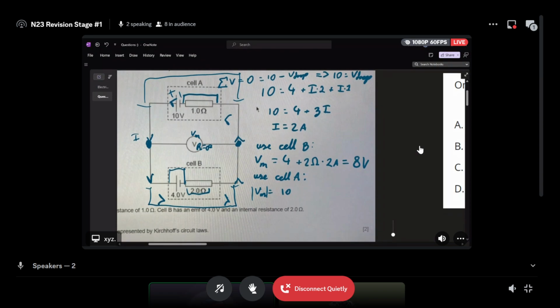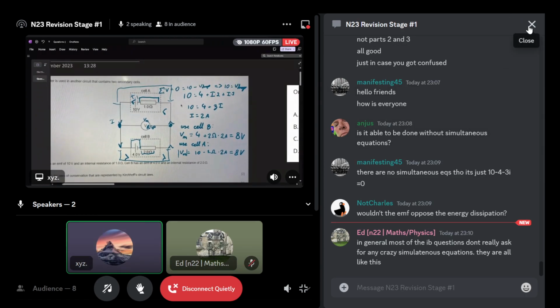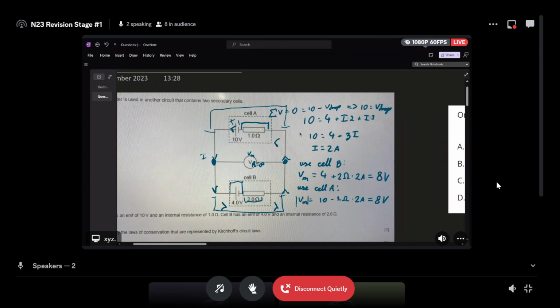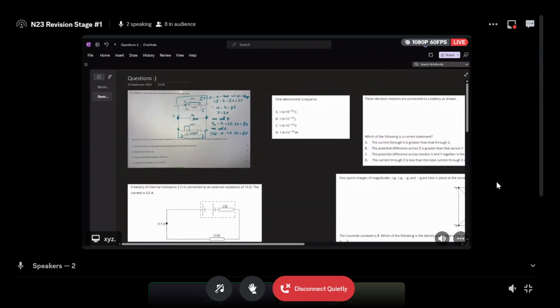But you get your 10 volts from the battery, and then you subtract 1 ohm times 2 amps, and you'll get 8 volts as well. So you get an 8-volt drop measured by Vm. Okay, so that's that.